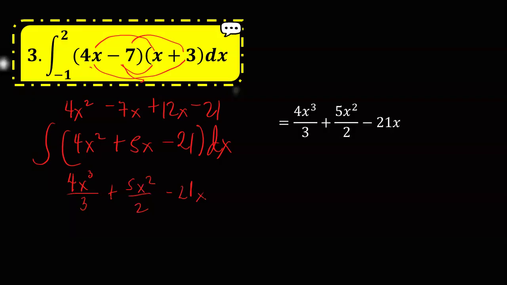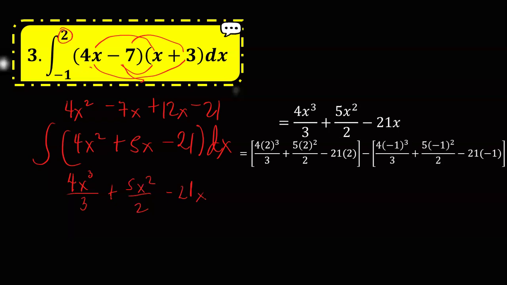Then we now replace the upper boundary 2, minus the lower boundary negative 1. It's up to you now. You have to apply the calculator technique by substituting these values. So the answer is negative 64 over 3.